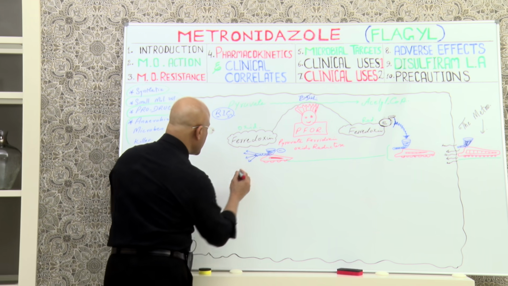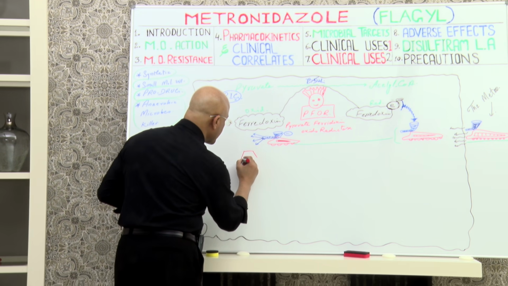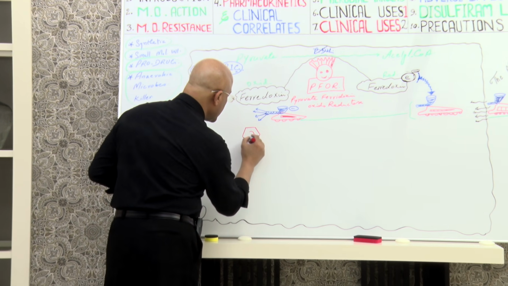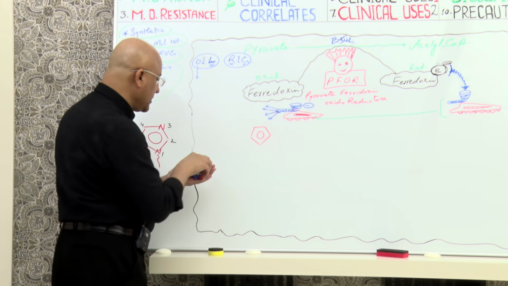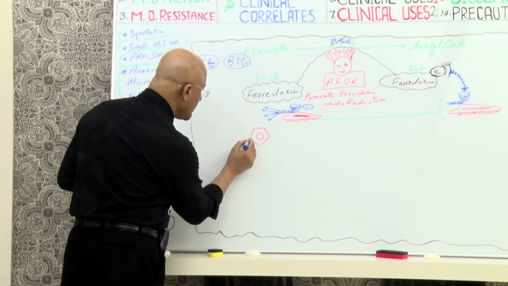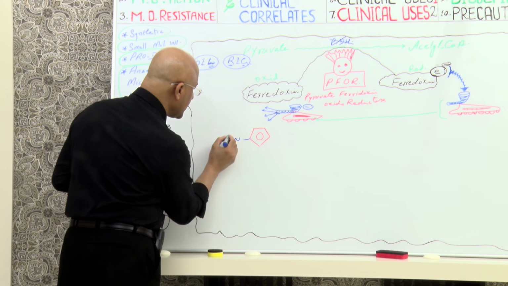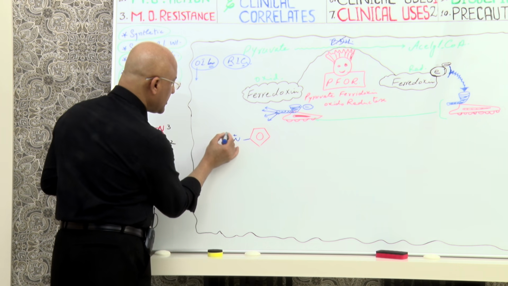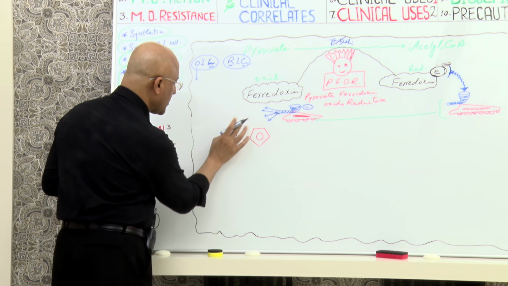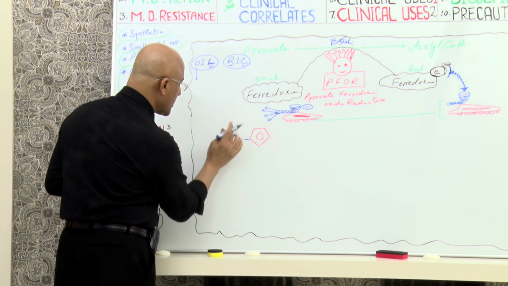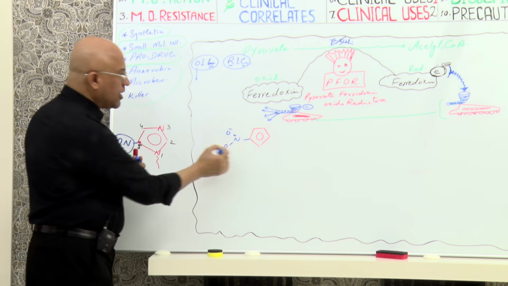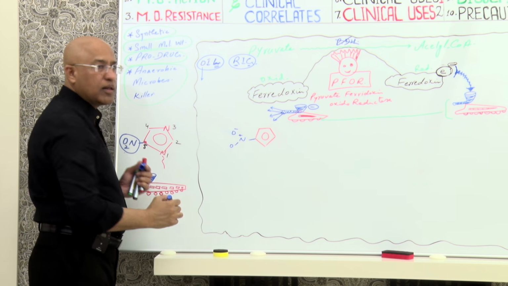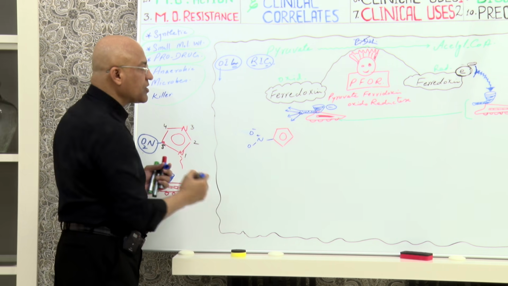Let's suppose this is the imidazole ring, and here is the nitro group, right? This is oxygen, and this is also oxygen. Now this is the normal metronidazole, which is inactive.